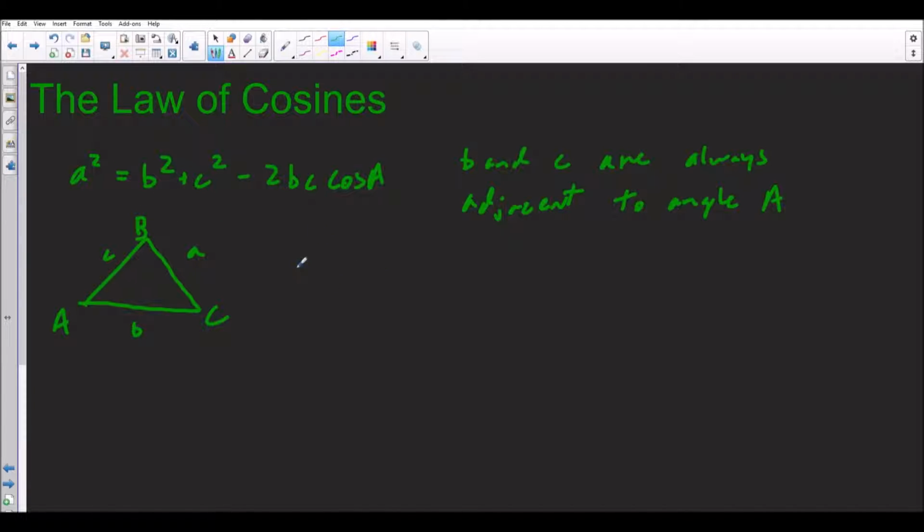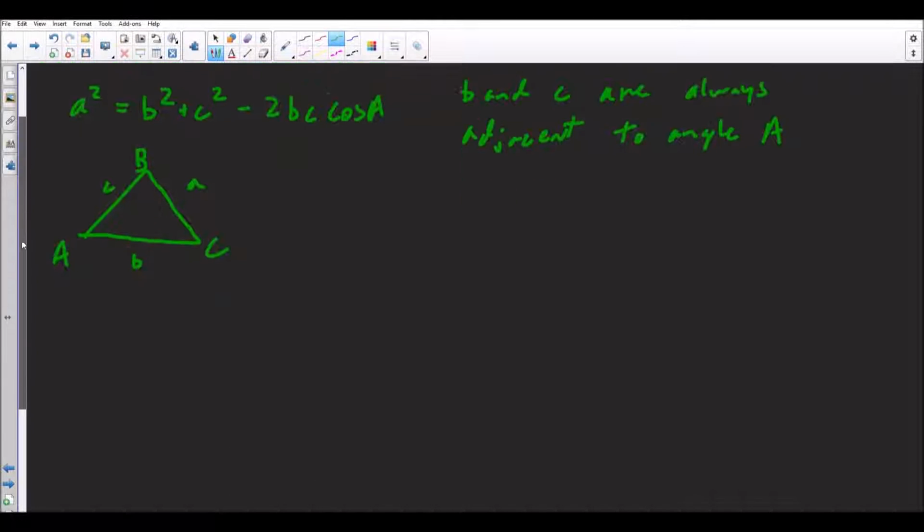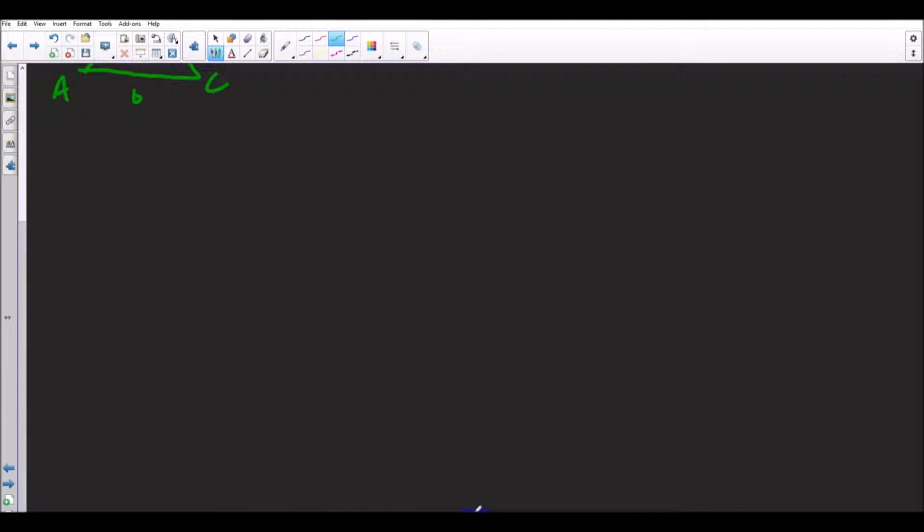So our first example, let's scroll down here. Our first example is going to be this. We have this triangle here, and we're going to have an angle of 32 degrees. We're going to have this side 13.7 meters and 8.6 meters.